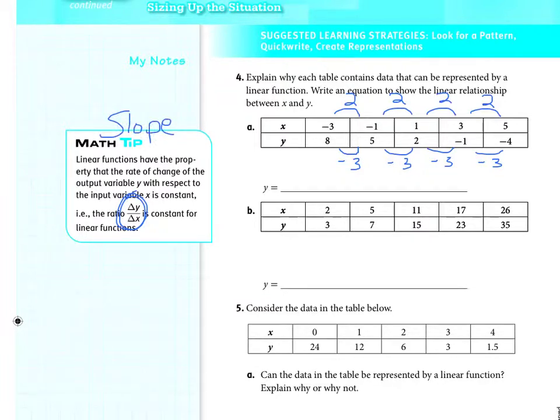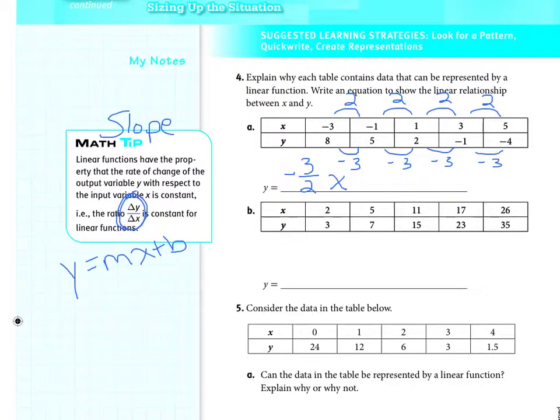So I know if I was writing an equation, it'd be y equals mx plus b, right? And what was the b value? Well, that was that y-intercept, right? So, negative 3 over 2, so the change in y over the change in x. What would I have to put as my y-intercept there?